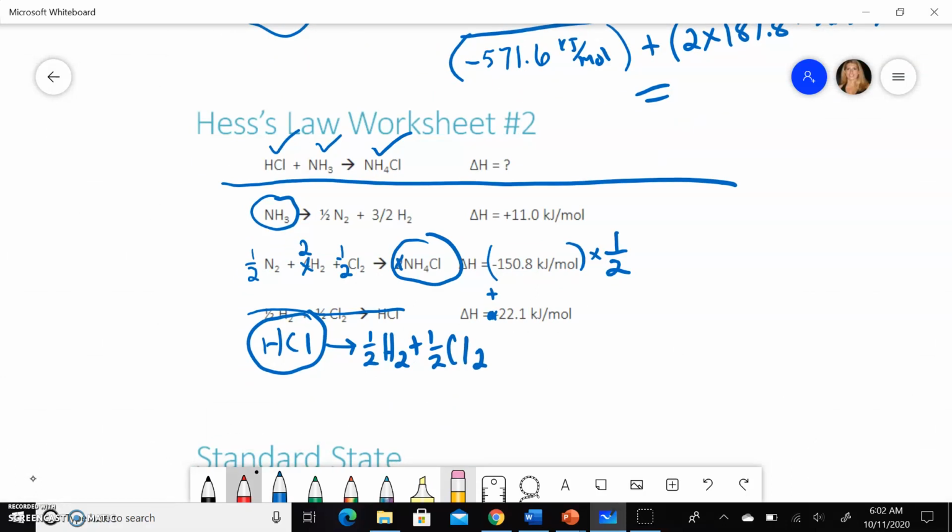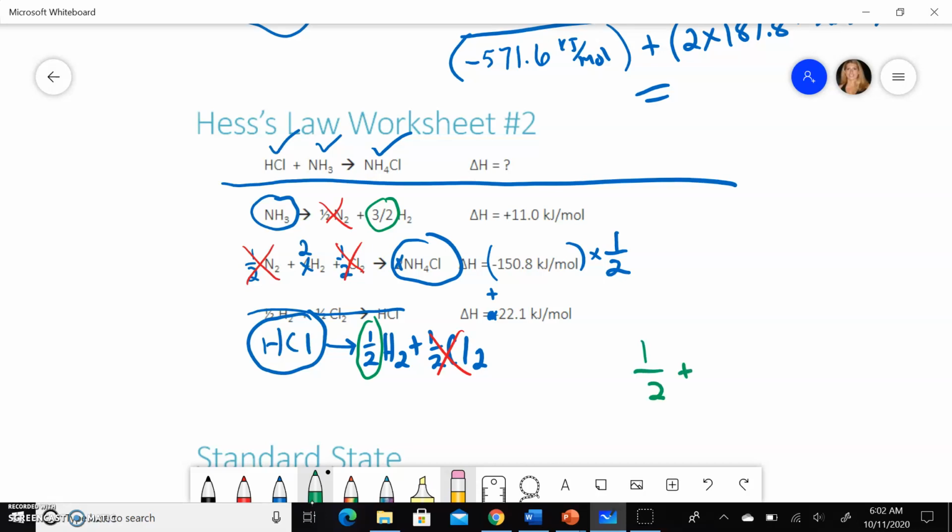All right, let's see if everything else cancels. We need half of an N2 to cancel half of an N2. That looks good. We need 1/2 Cl2 to cancel 1/2 Cl2. And then you get to that H2 and you're like, wow, it's all over the place. So let's see what's going on here. We have 3/2 H2 right here, and we have 1/2 right here. And those are all on the right.